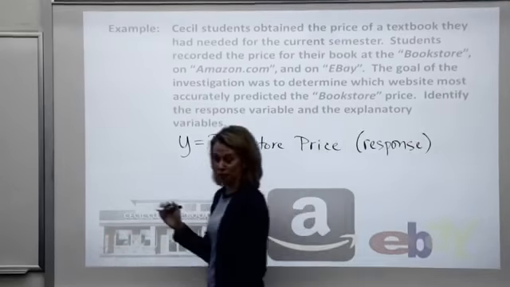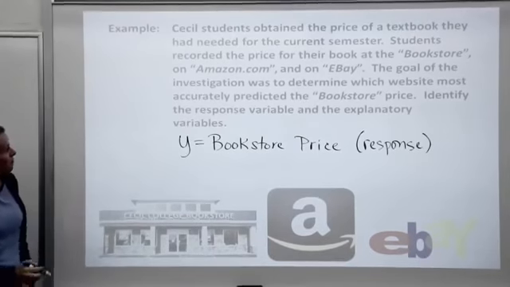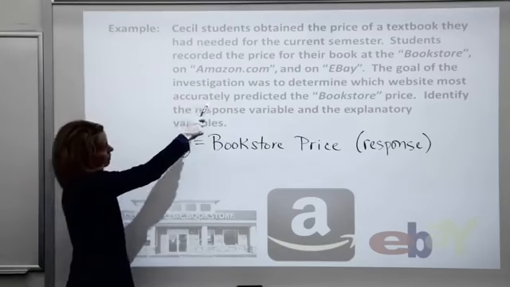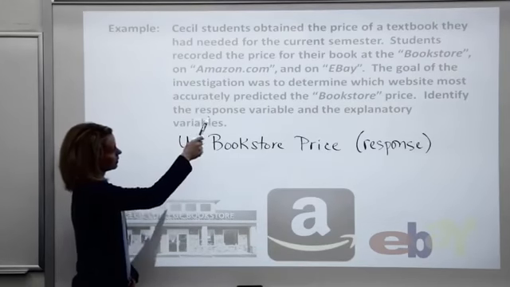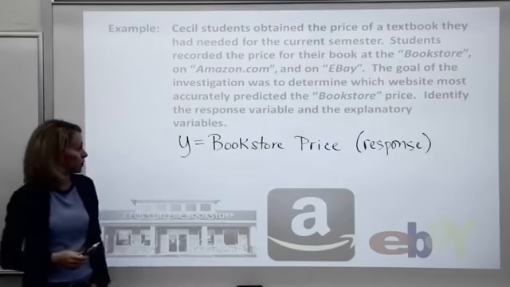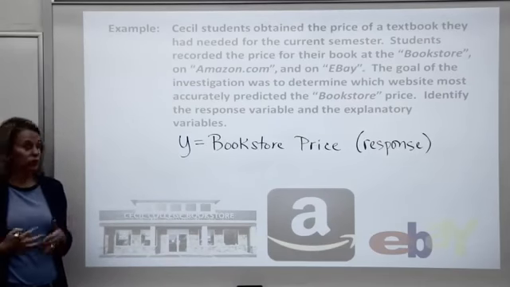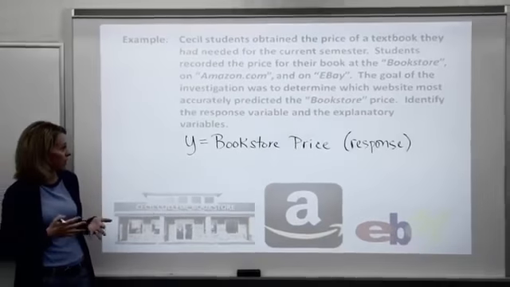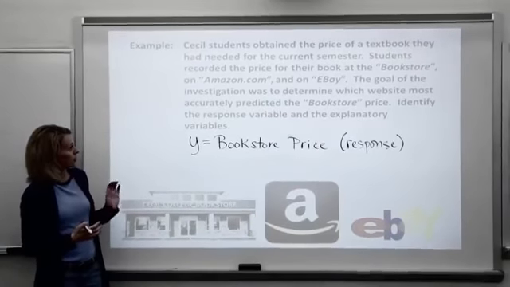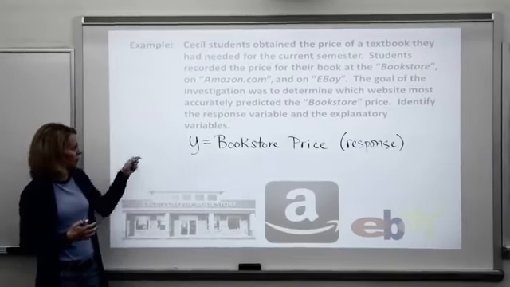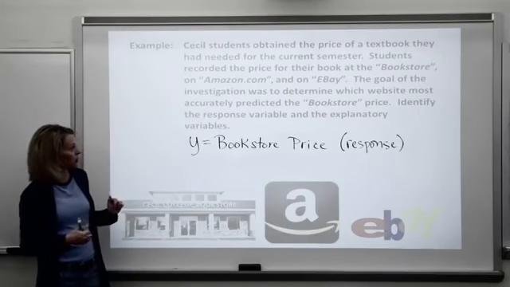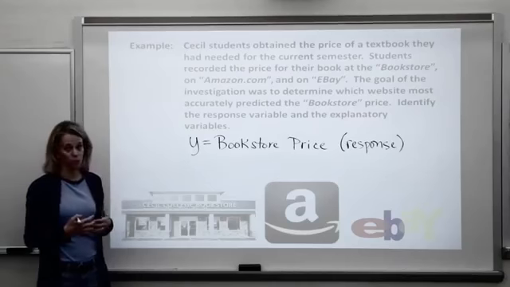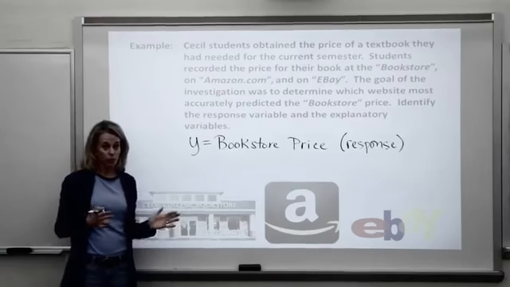We actually have 3 variables, not just 2. We're interested in how Amazon prices might relate to bookstore prices and how eBay prices might relate to bookstore prices. So in this case, you actually have 2 potential variables that you could plot down on your x-axis. We could look to see how Amazon prices help explain or predict bookstore prices. We could also use eBay prices to see how they explain or predict bookstore prices. We wouldn't do both of those at the same time.